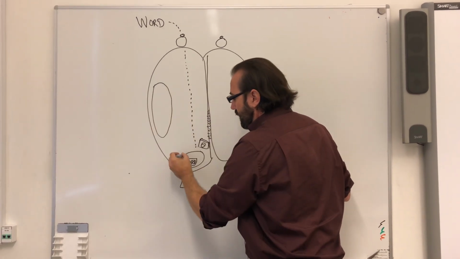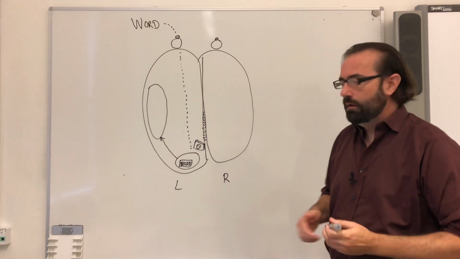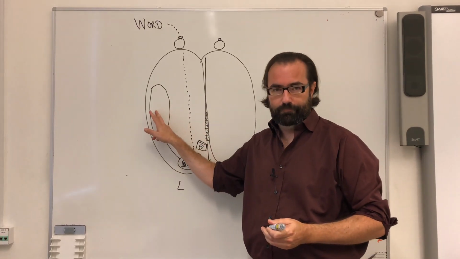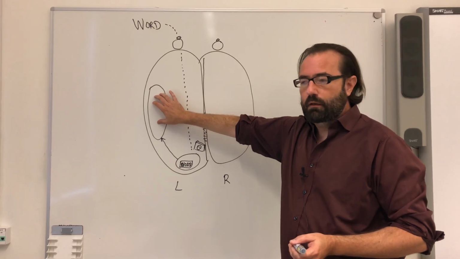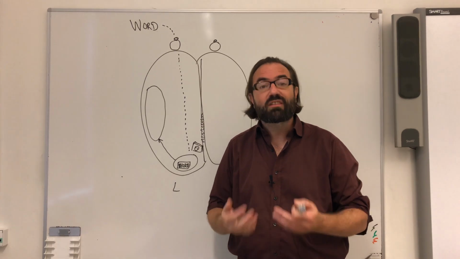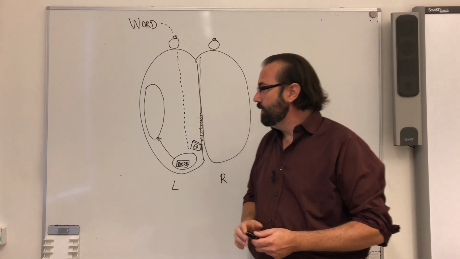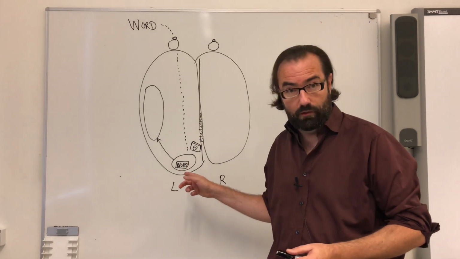It becomes active when the picture is transferred to the center. This area is very important for reading and writing, because it's able to construct or synthesize the corresponding pronunciation for this information, okay?